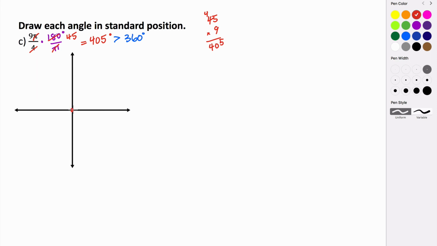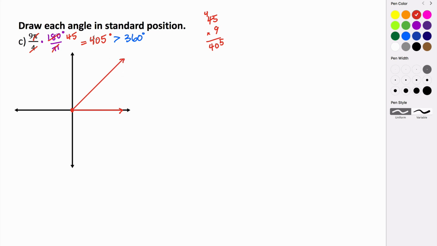So vertex at the origin, initial side along the positive x-axis, as it always is for standard position. And then we're going to just draw a 45 degree angle. So we have this angle here.